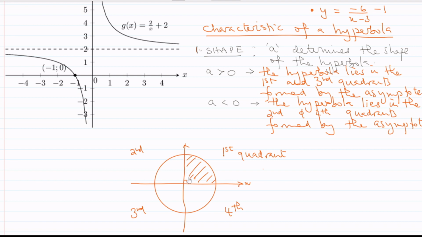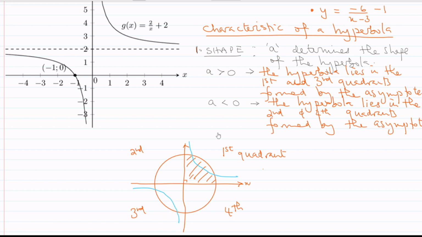That region is what we call the first quadrant. So what we have is a situation where we have our hyperbola lying in that area, that is the first quadrant, and another hyperbola lies in that area.